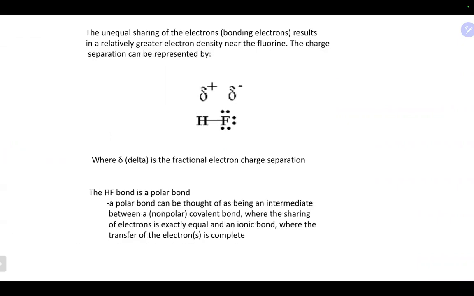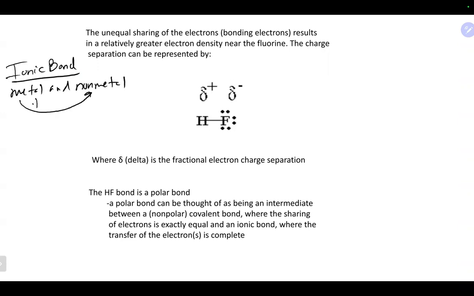So to summarize the three types of bonding that we talked about, on one end of the extreme, we have an ionic bond, which is between a metal and a non-metal. And we have a transfer of electrons from the metal to the non-metal.